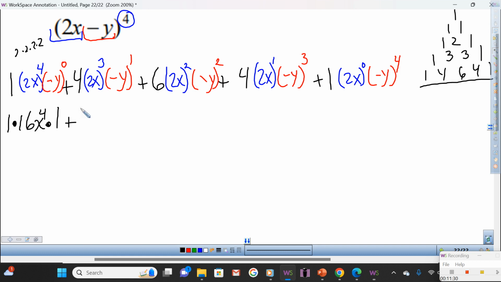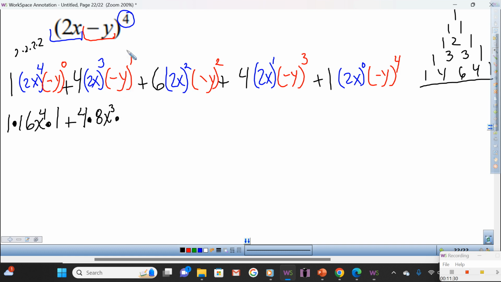Plus. Bring down the 4. Times. What is 2x to the 3rd power? That means 2 times 2 times 2, which is 8. Yes. And x to the 3rd power is x to the 3rd. Times.